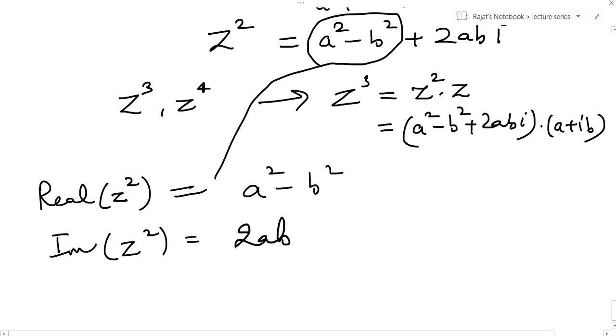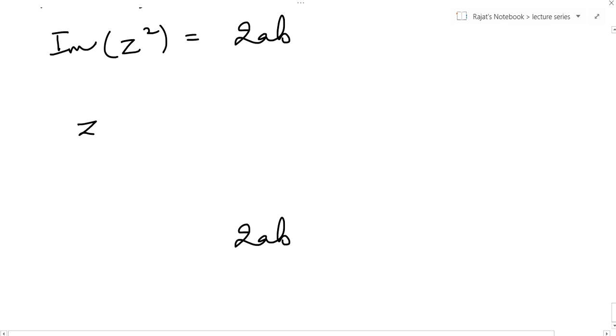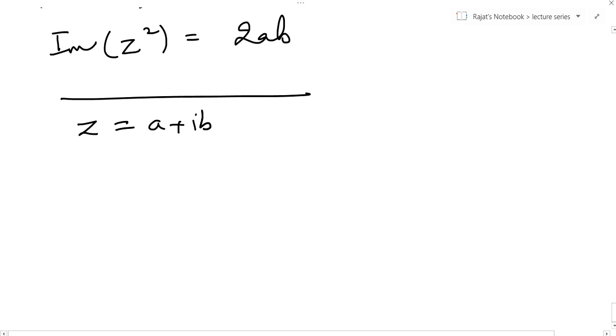I told you about addition, subtraction, multiplication, division, and the conjugate. One more idea is the multiplication of a conjugate with the complex number itself. Suppose I have a complex number z equal to a plus ib, then the conjugate of z will be a minus ib. What will be z into z bar?